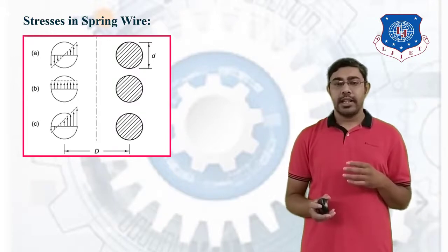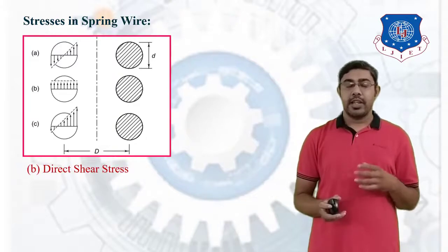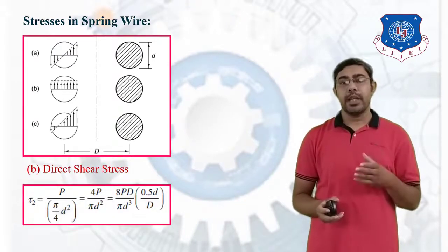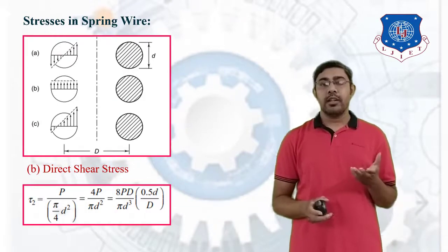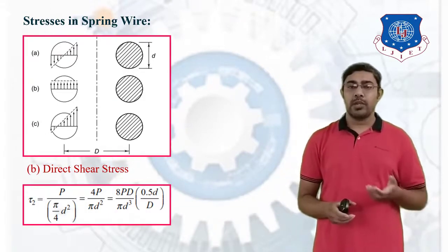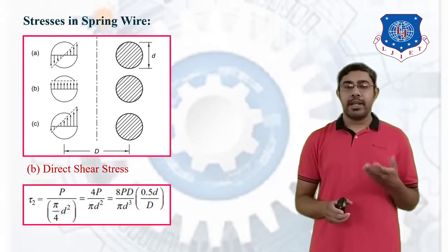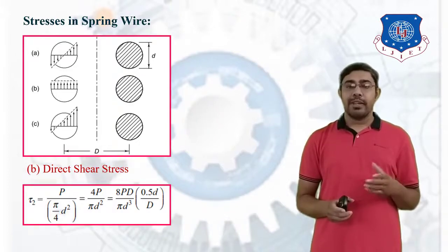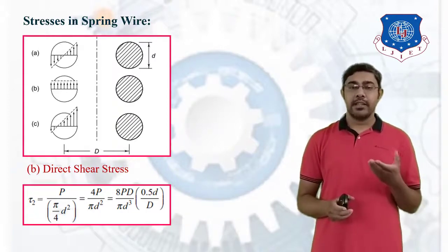Now consider case B, that is the direct shear stress. Here the direct shear stress tau 2 is equal to P divided by pi by 4 d square. As we know, the direct shear stress is equal to force divided by cross section area, and here the force P is applied, so we place P divided by pi by 4 d square. Pi by 4 d square is the cross section of the wire, since the wire is circular.